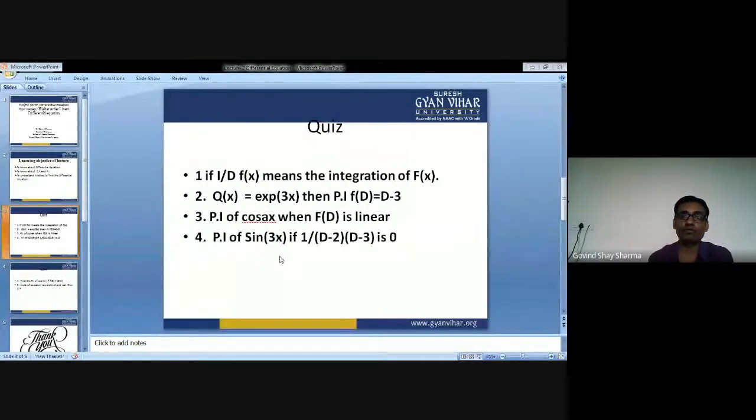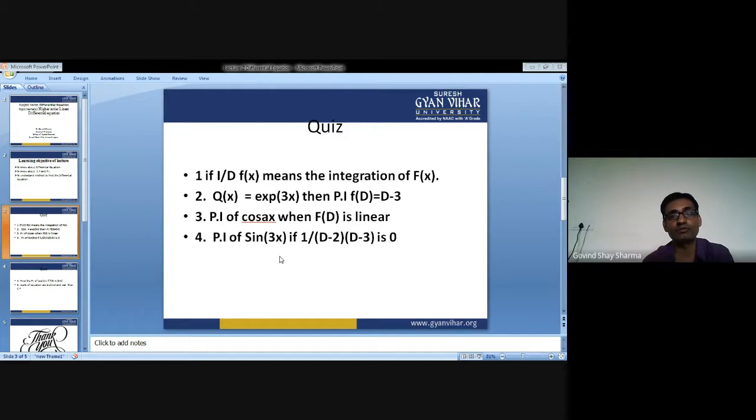Now again on the quiz. PI of sin 3x is 1 upon d plus 2, d plus 3. Here, similarly, we multiply d plus 2 and d plus 3 to become d square plus 5d plus 6.